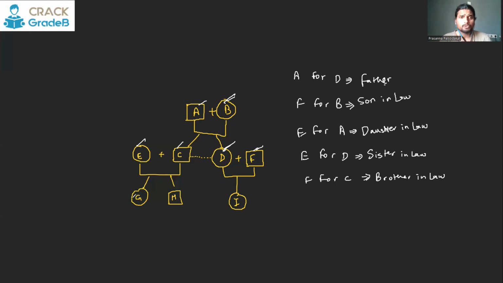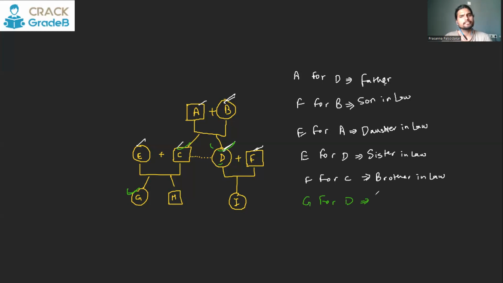Now, if I ask you what is G for D? Now G is D's brother's daughter. So brother's daughter in English, we call it niece. In Hindi, in native language, there are different words. Patiji, Bhanji, I don't exactly know.